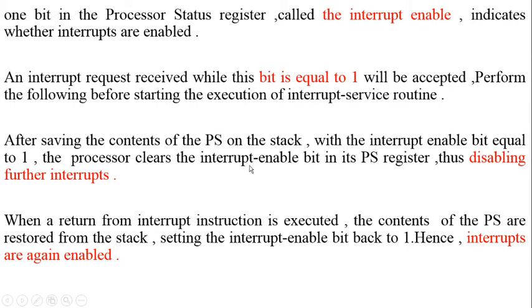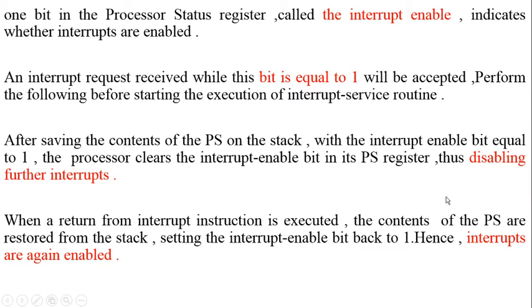After completing the current execution of the interrupt service routine, the processor wants to set the interrupt enable bit value equal to 1. What's the meaning of setting the interrupt enable bit value equal to 1? The meaning is that the processor has completed its task and is ready to accept a new interrupt request.